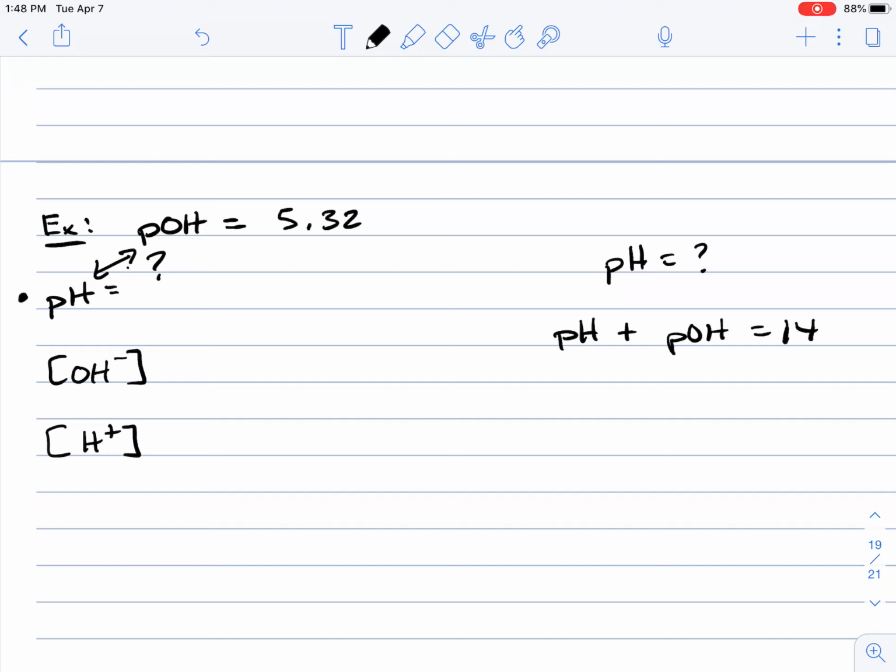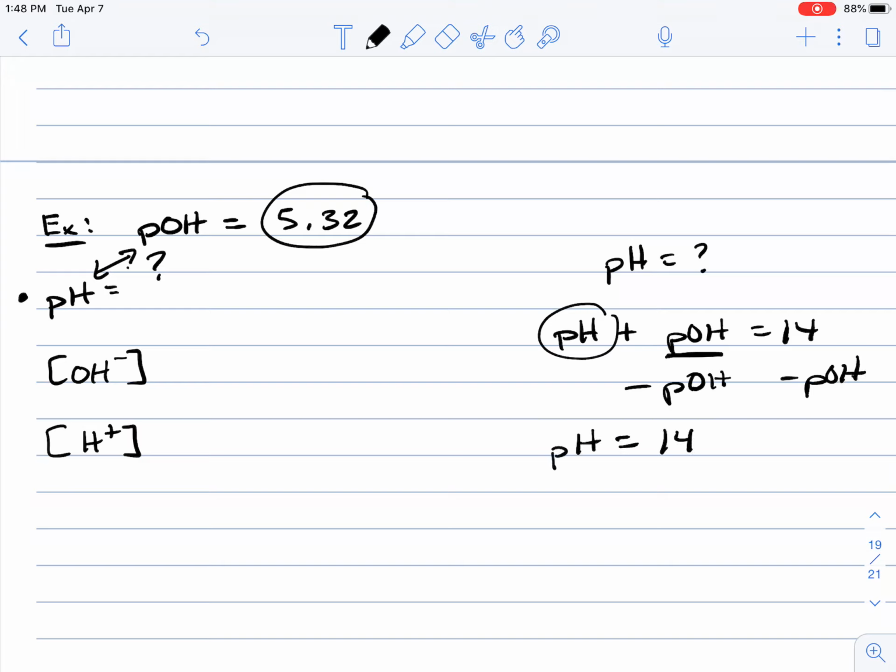If I plug in the given value, in this case it's pOH, I'm going to go ahead and solve for pH. So I'm going to subtract pOH to the other side. And so pH is going to equal 14 minus pOH. So if I plug in the value for pOH, that's going to be 5.32. So therefore pH is equal to 14 minus 5.32.